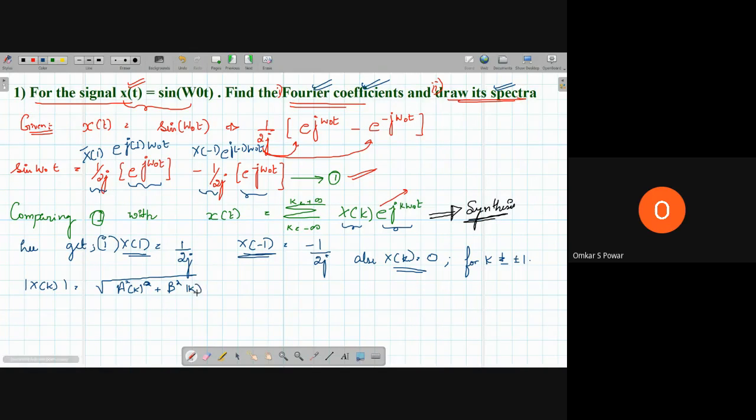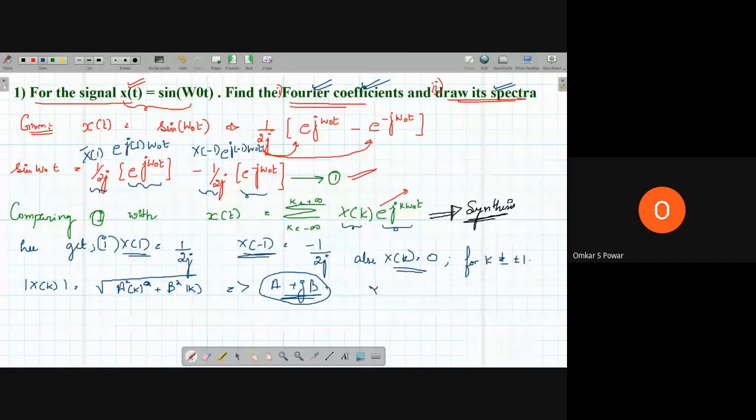How do you calculate the magnitude? I wrote this expression for a + jb, so your Fourier coefficient should be in terms of a + jb.